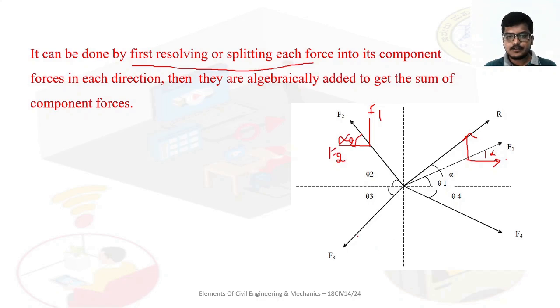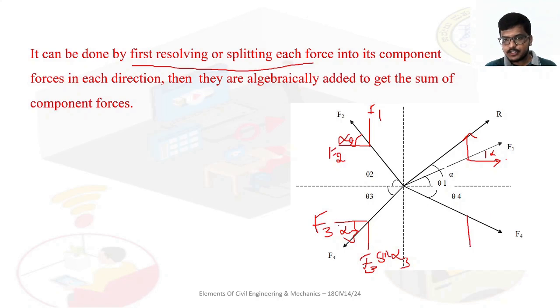Then F3 is there, no? We should resolve it into one vertical and one horizontal component. If this angle is alpha 3, then it will be F3 cos alpha 3 and F3 sin alpha 3. Then here is F4.